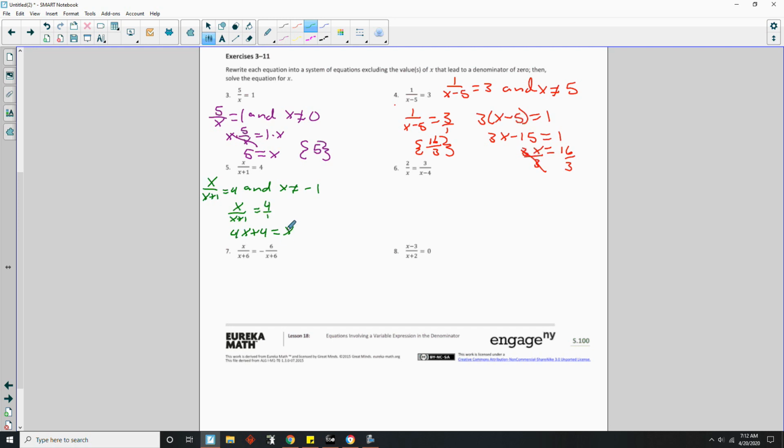Subtract x over to here, so I'll do that over here. 4x minus x is 3x plus 4 equals 0. Subtract 4 over to the other side, and I get 3x equals negative 4. Divide both sides by 3, and x equals negative 4 thirds. Bracket, negative 4 over 3.